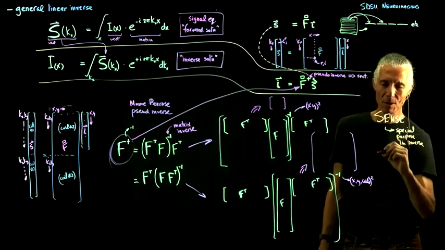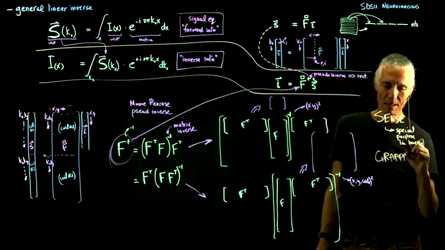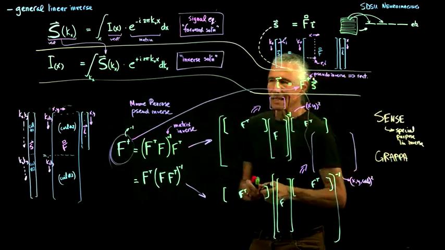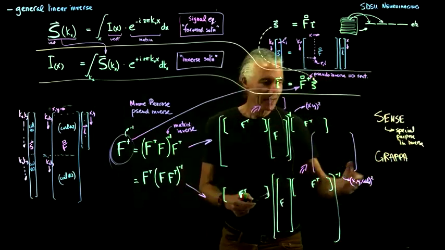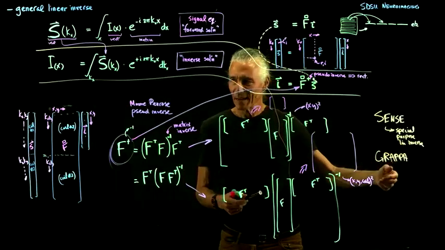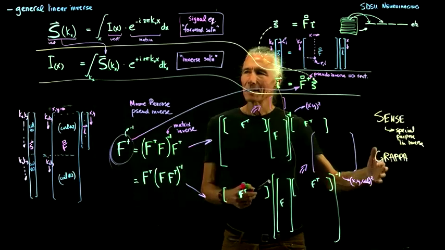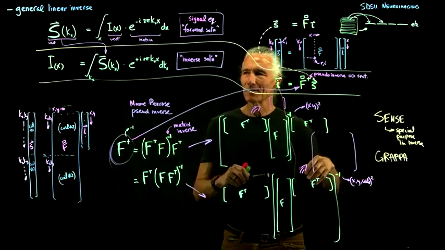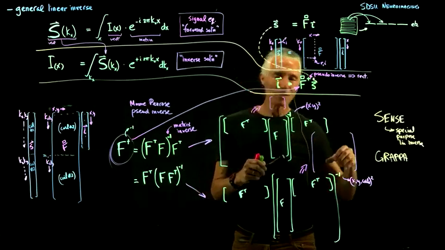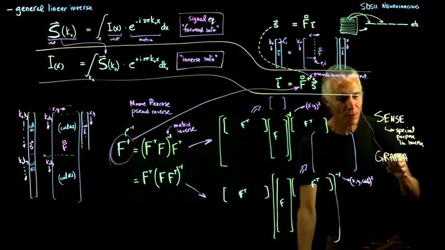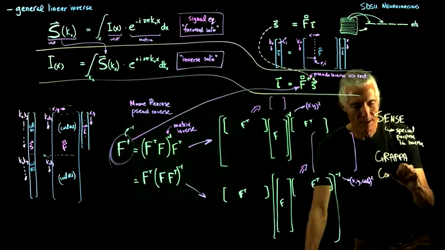There's another thing that we'll talk about a lot called GRAPPA, which is not really a linear inverse, but you can think of it as doing kind of the same thing. In this case, we're leaving out data and trying to fill in the data using a little tricky method. But there's another thing that, if you want to read about it, is called compressed sensing.